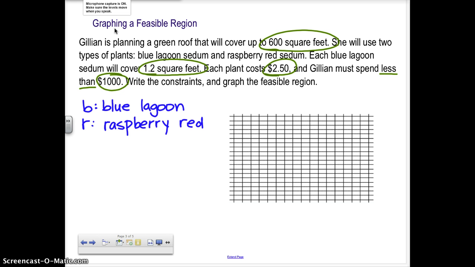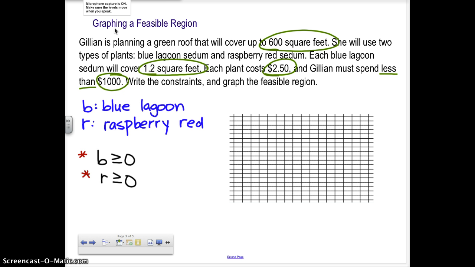First of all, automatically, we know that both B and R are going to be greater than or equal to 0. You can't put in negative plants. These two constraints, 1 and 2 here, are pretty common constraints in the real world, because we don't deal with negative plants or negative miles or negative inches or whatever. So those are popular constraints.